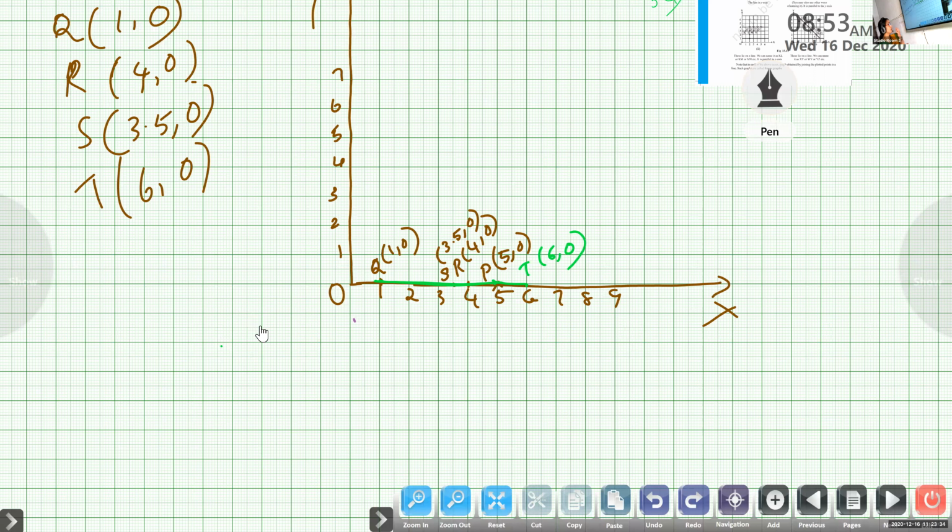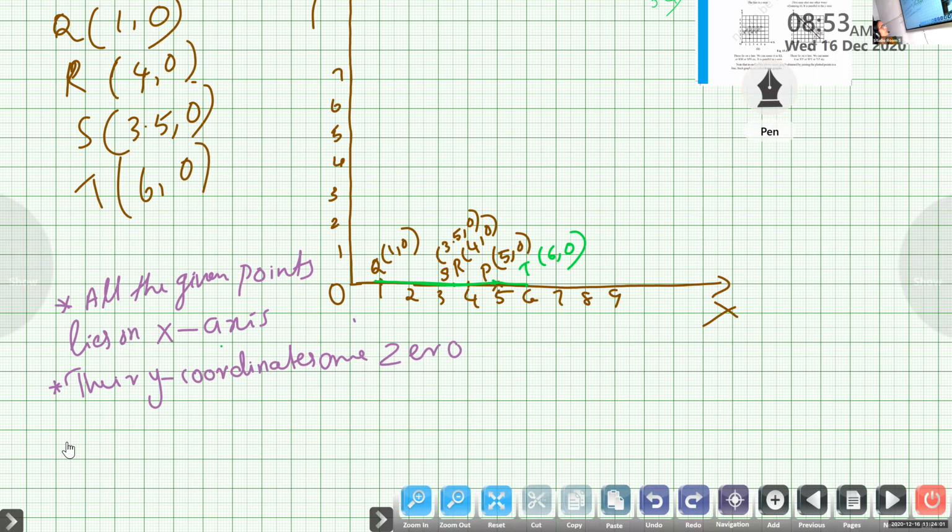The y coordinates of the given points are 0. So how can we generalize, like our previous question? For all points on x-axis, the y coordinates will be 0.